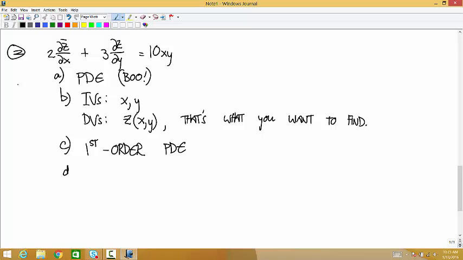And then the boundary conditions, well, with PDEs, that gets more complicated. So we're just not even going to go into that right now.